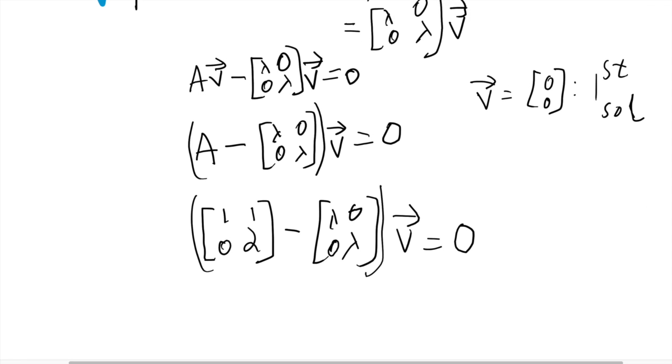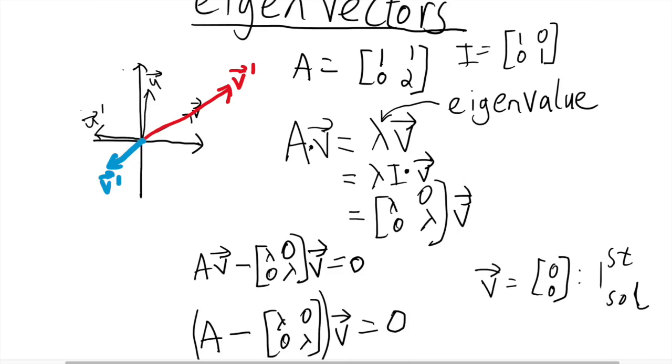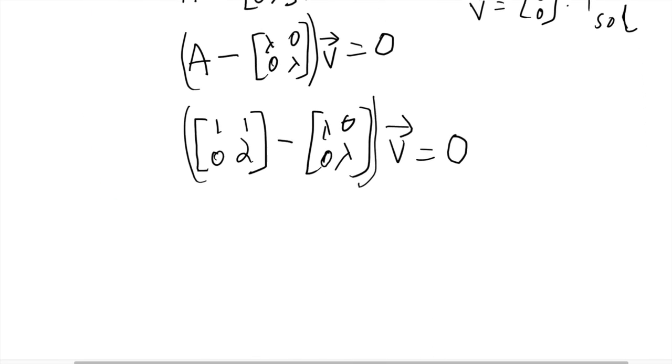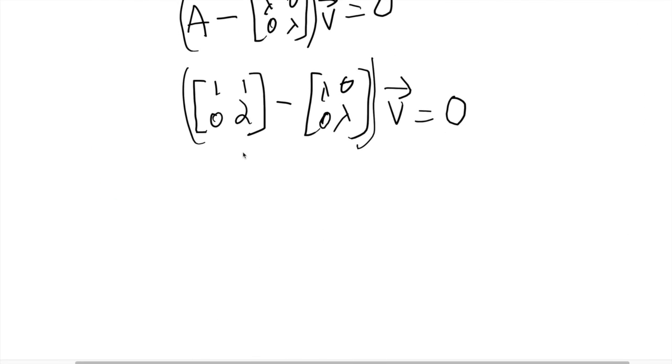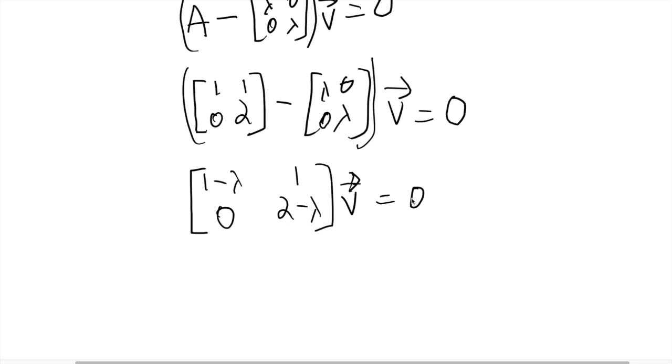Let me just check that that is actually what A is equal to. Yep, that is what A is equal to. We can then simplify the left-hand side, so it will become 1 minus lambda, 1, 0, 2 minus lambda, multiplied by v is equal to 0.